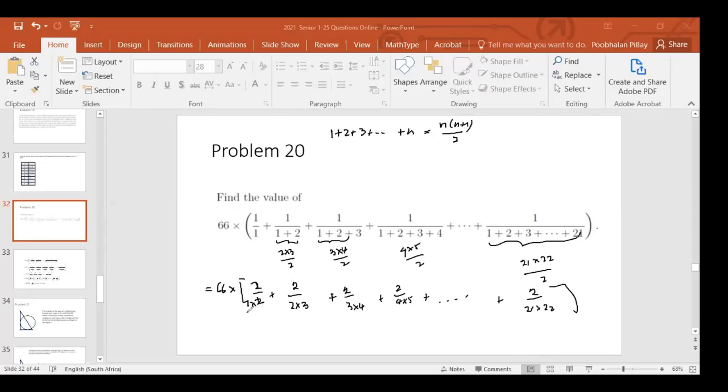Now you've got all 2's at the top, so you can take the 2 out and you get 2 times a sum of fractions. The general denominator is a number times the next one, n times n plus 1.